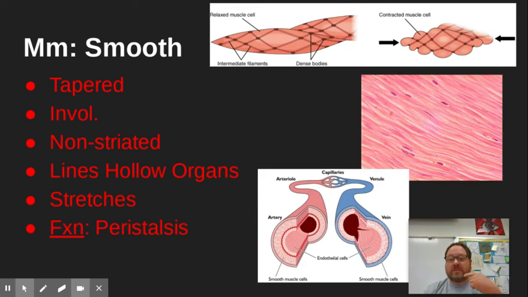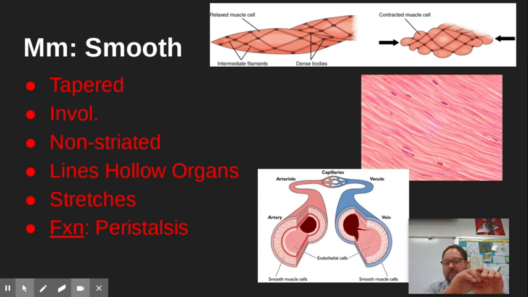So your digestive system, in essence, is sort of a 30-foot long tube that carries stuff from mouth to anus. And it performs contractions to help propel that stuff through the tube. Now, this action of waves of contraction is referred to as peristalsis. So peristalsis is a wave of contraction that travels through the muscle.